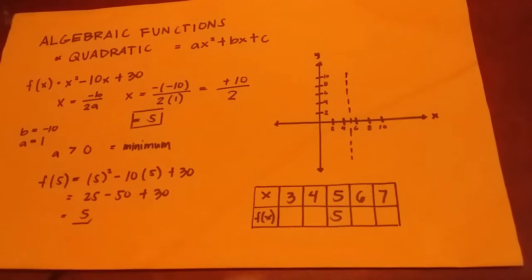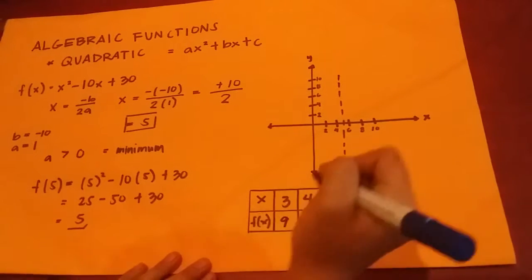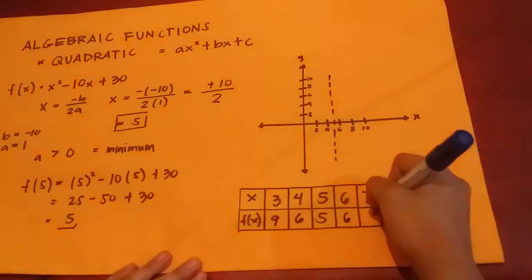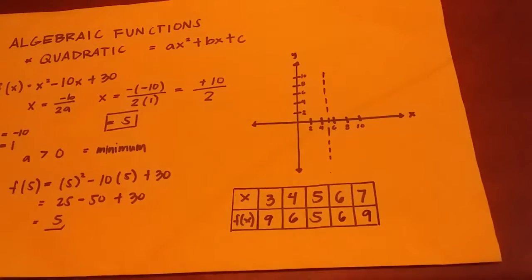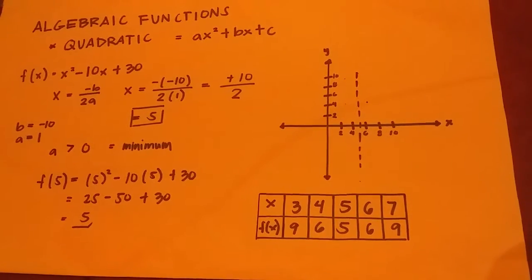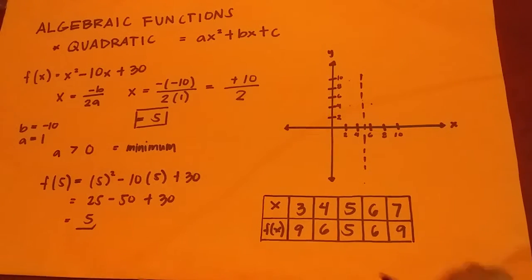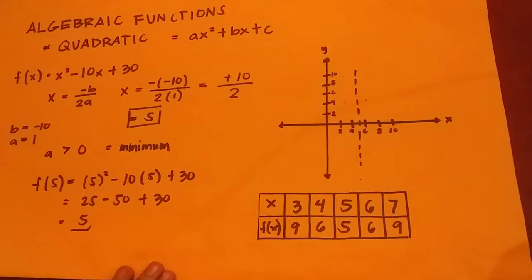So we have 9, 6, 6, and 9. Since I have my complete table of values, let's now plot.